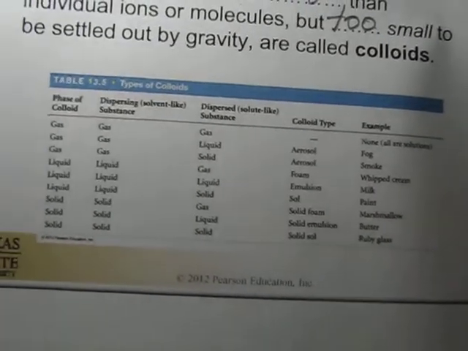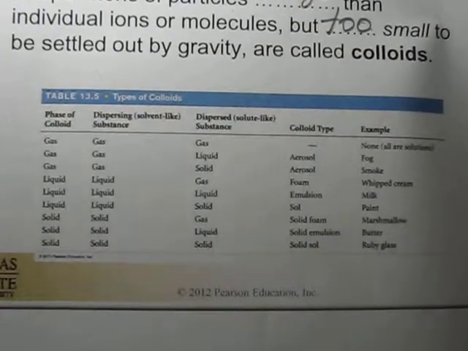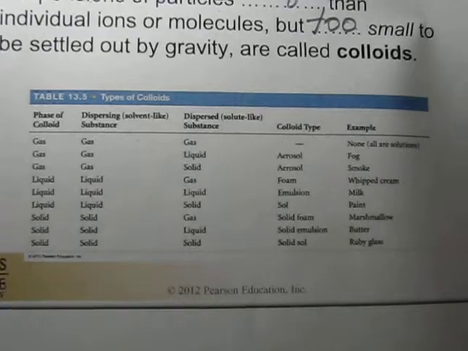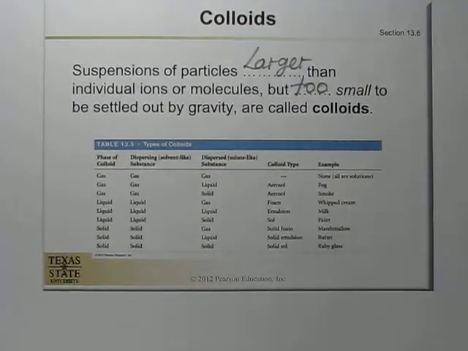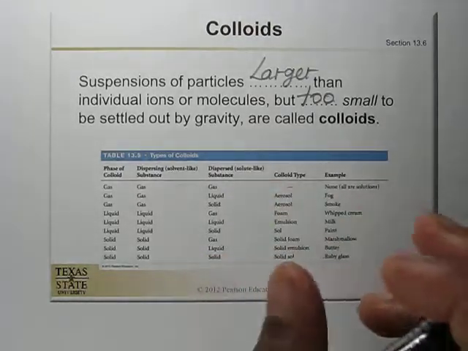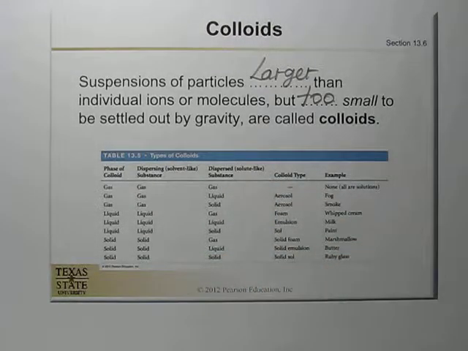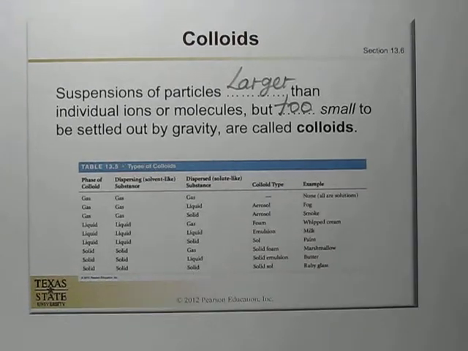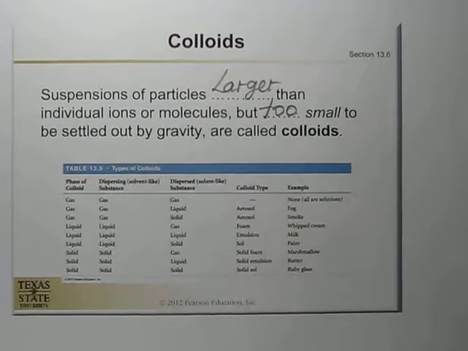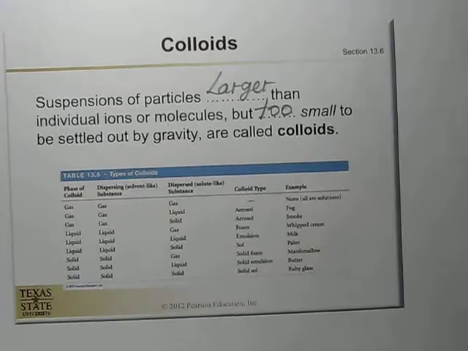In this table they have shown some examples of colloids: gas, liquid, and so on. Different solutes and solvents can make a colloid. Basically they will remain in suspension and do not settle, so they form the colloid.